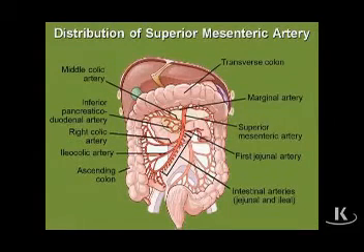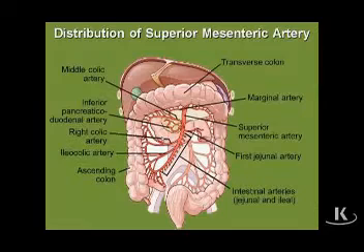They are end arteries. So each one of those vasa recti has a segment of colon for which it is responsible for the blood supply. And so an occlusion of a vasa recta could in fact lead to a segment of ischemic bowel, while occlusion of the parent artery, the right colic artery, would not result in ischemic bowel.